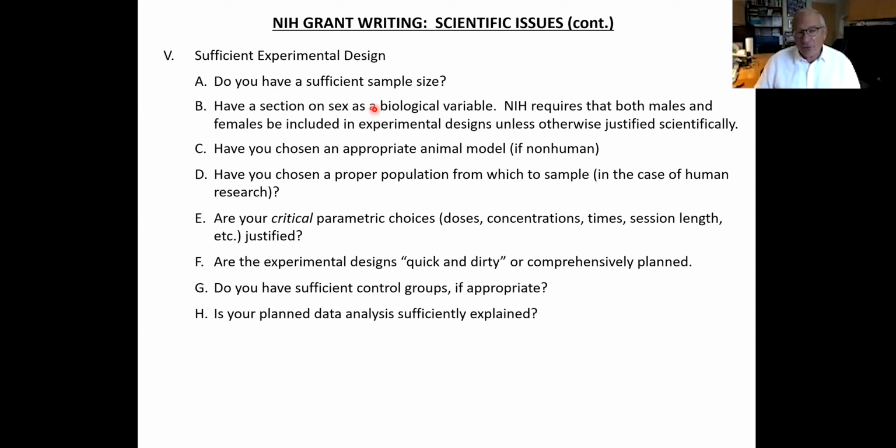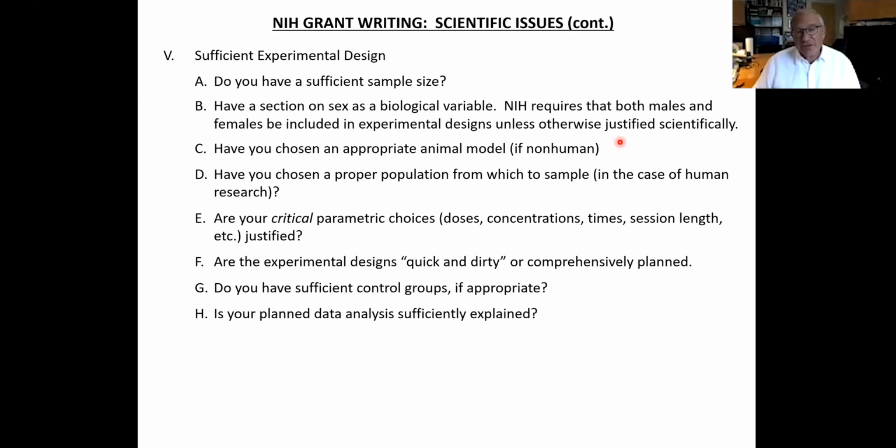Now, over the last few years, you need to have a section on sex as a biological variable. So NIH now requires that both males and females be included in experimental designs unless otherwise justified scientifically. So, you might be able to justify it scientifically, but you just can't ignore it. You have to address it.